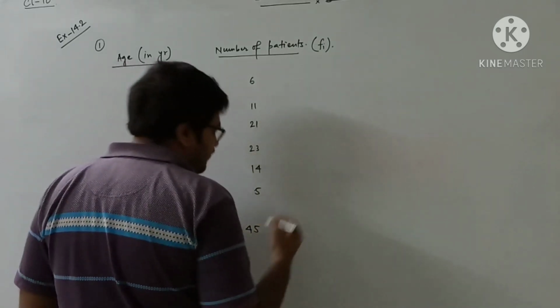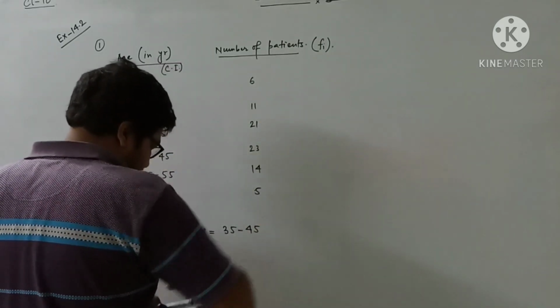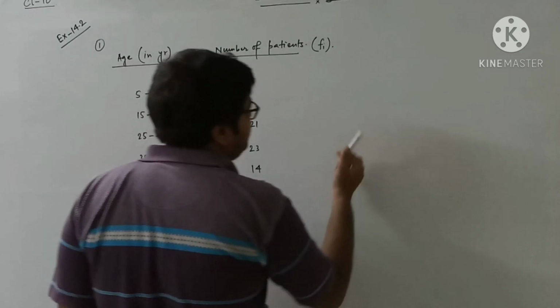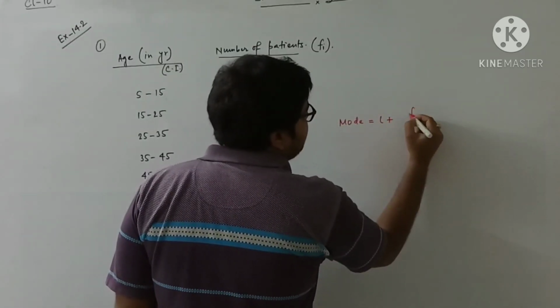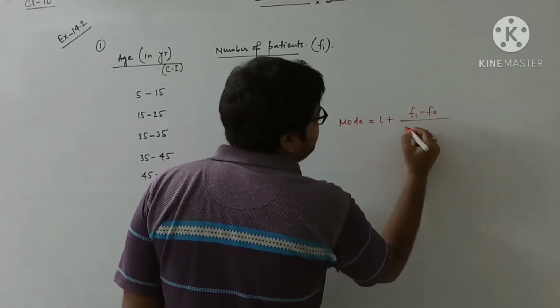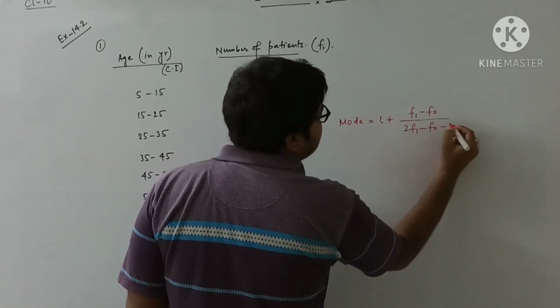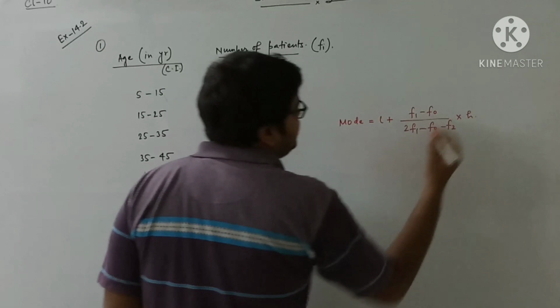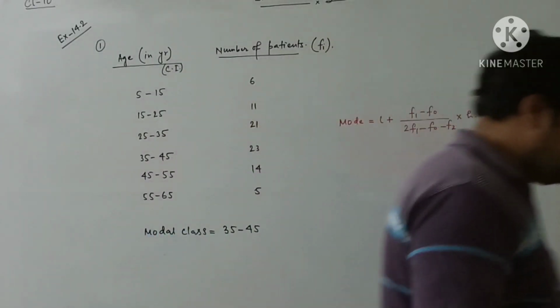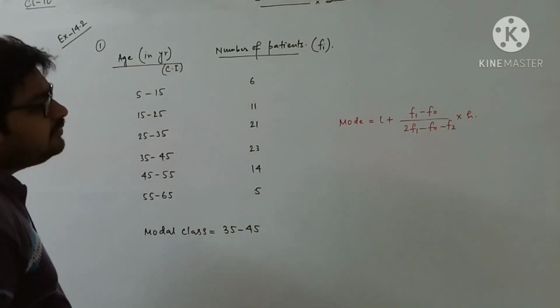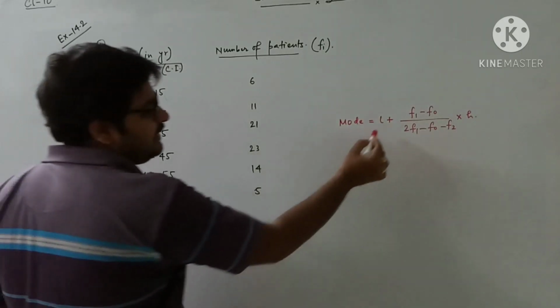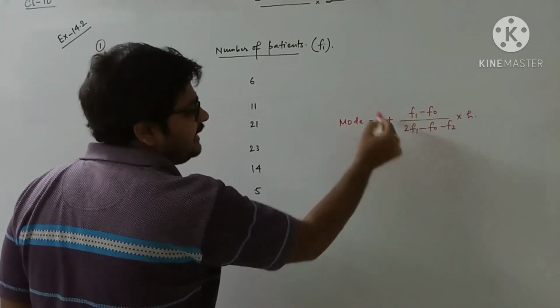Now I will write here the formula to find the mode. Mode equals L plus (f1 minus f0) divided by (2f1 minus f0 minus f2), into h. Now we have to write what L is.